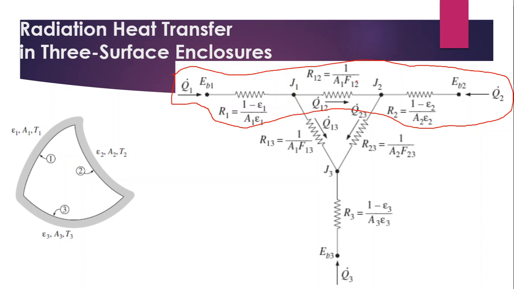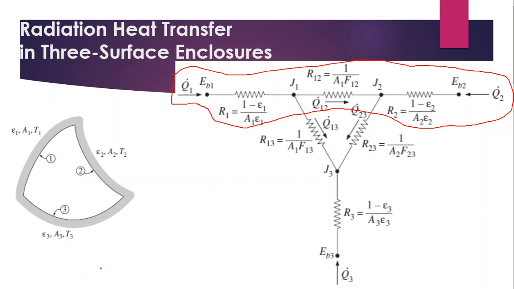What is F12? The view factor between 1 and 2. Then we have J2 as the radiosity of surface 2, then the surface resistance of surface 2, then EB2. In the same manner, we are going to make the network diagram between 1 and 3 and between 2 and 3 also.